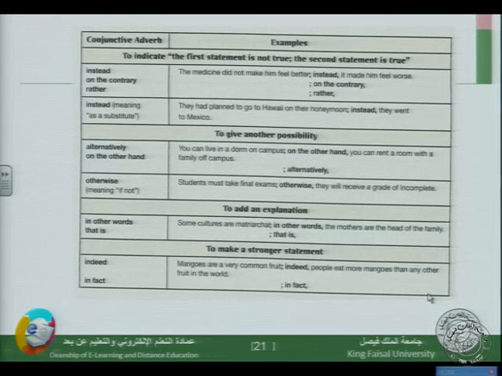You can live in a dorm on campus; on the other hand, you can rent a room with a family off campus. Or alternatively، هنا you're given another possibility. Okay؟ لاحظوا, they have the same rules, the same punctuation, لكن المطلوب منكم تعرفوا معانيها, ومعانيها موضحة في the yellow label.